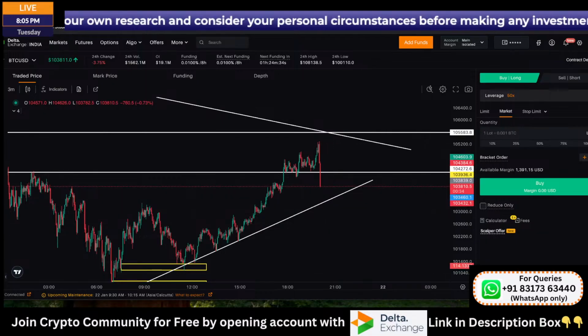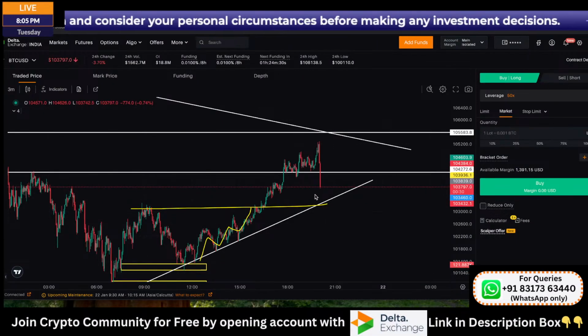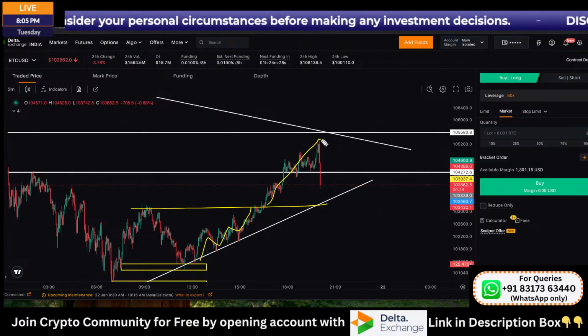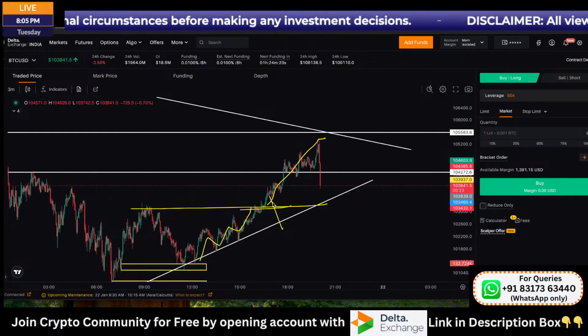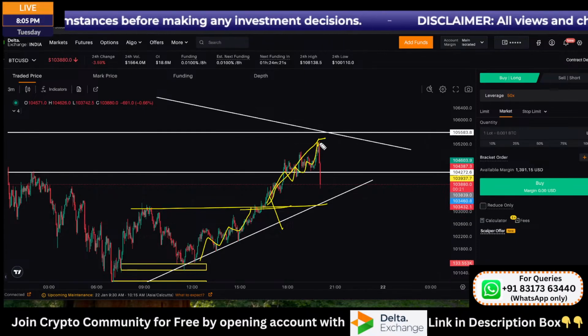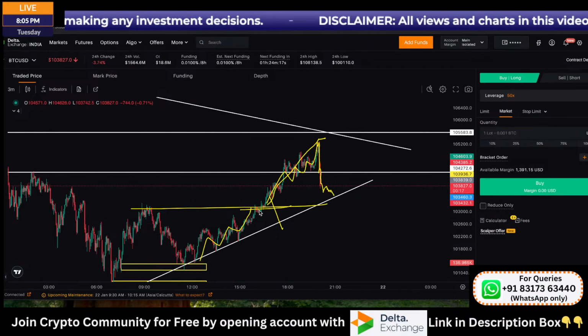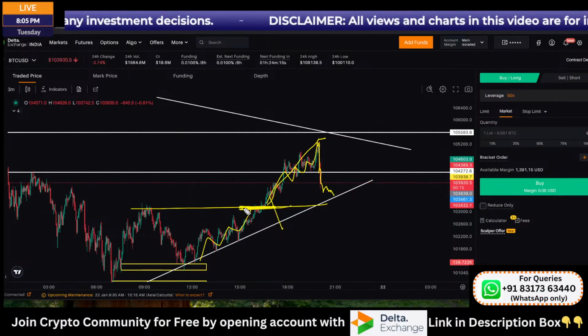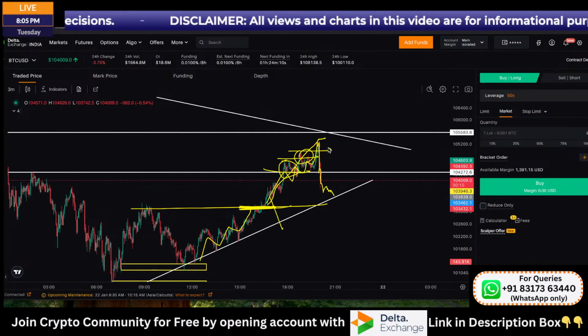Whoever has entered in this zone or anyone who entered at this breakout during this upside move, there was no pullback to remove them. So he would have held on to the trade. Now to create fear, maybe market would have come. But this might not be to create fear for people who entered here. It might be for people who entered at this breakout, this breakout, this breakout.